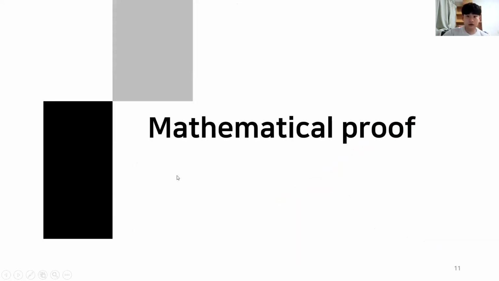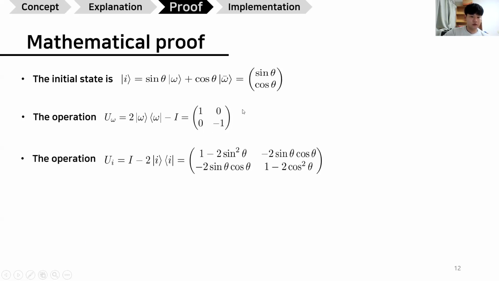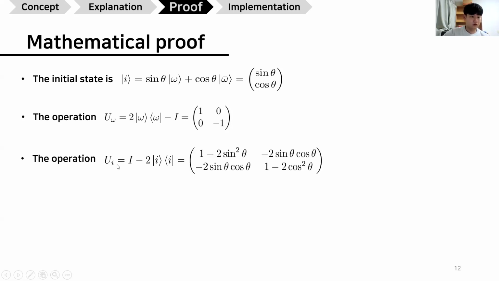And I will give a proof. The initial state is like this. Sine theta is the probability for finding our solution, and cosine theta is the probability that we cannot find the state. First, we have to operate like this. In matrix form, 1, 0, 0, minus 1. As I mentioned, this is just a reflection operator. And the operation Ui is 1 minus 2 I ket I bra.